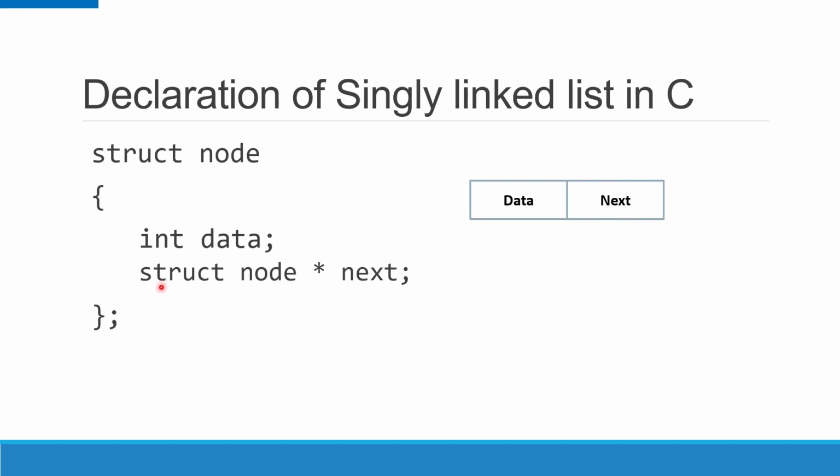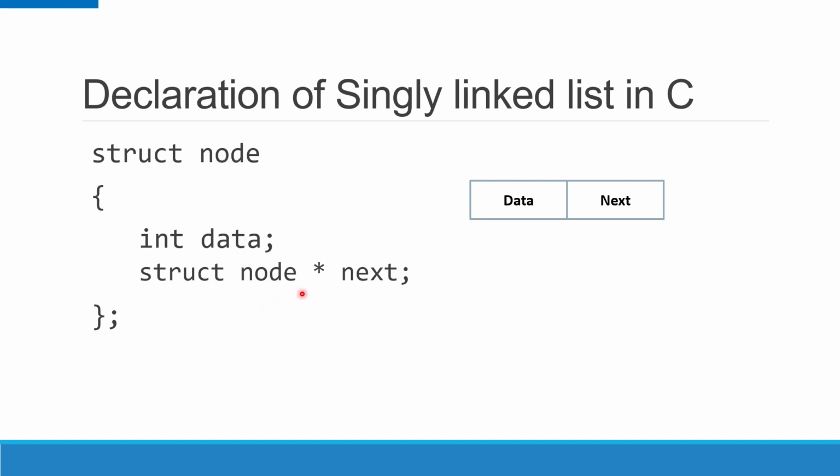For that, I'm using a self-referential structure. Just check the declaration here: struct node star next. Here struct node is nothing but the same structure.